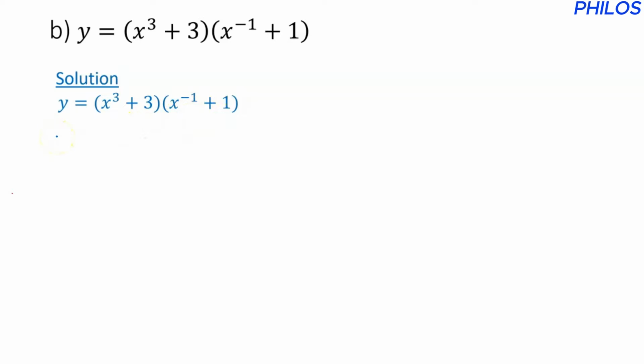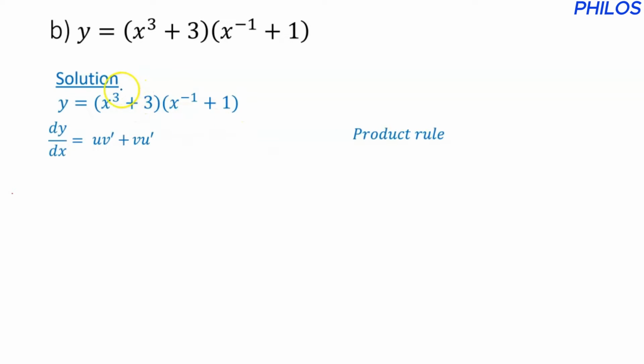Now, when you have this type of function, where you have two different brackets multiplying, containing x each, to find dy over dx, simply use this rule. The rule is u times v prime plus v times u prime, and we call this rule the product rule.